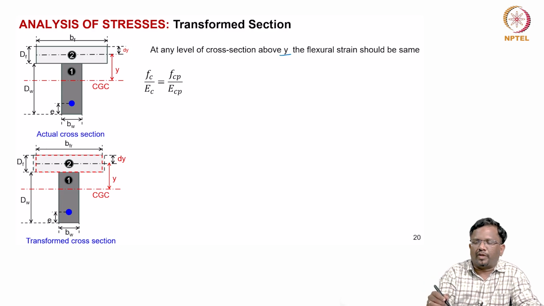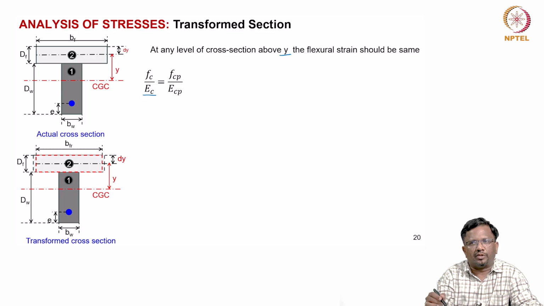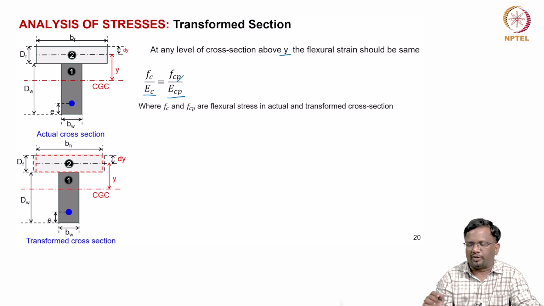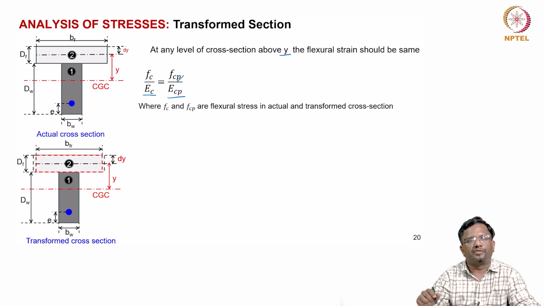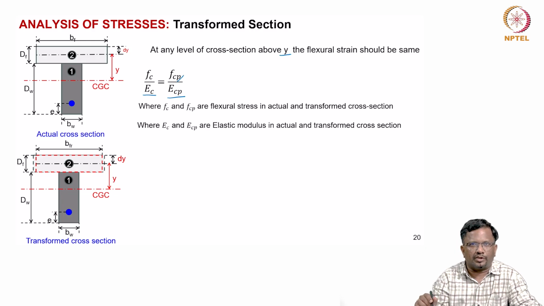So, we can say that the stress in the concrete of the girder divided by elastic modulus of the girder should be equal to stress in the cast in place concrete divided by elastic modulus of the cast in place concrete, where FC and FCP are the flexural stresses in the actual and transformed cross section, and EC and ECP are the elastic modulus in actual and transformed cross section.